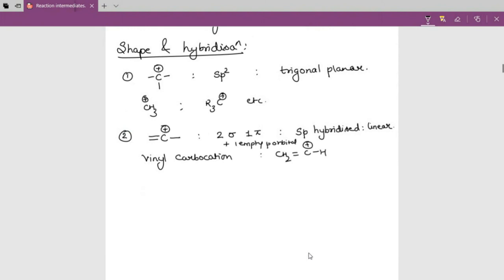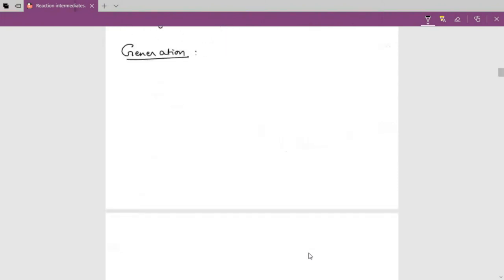Now, after this shape and hybridization, let us go to how a carbocation could be generated in a reaction. Generation of carbocation. It entirely depends, but all I can say is there is going to be a heterolytic bond fission.